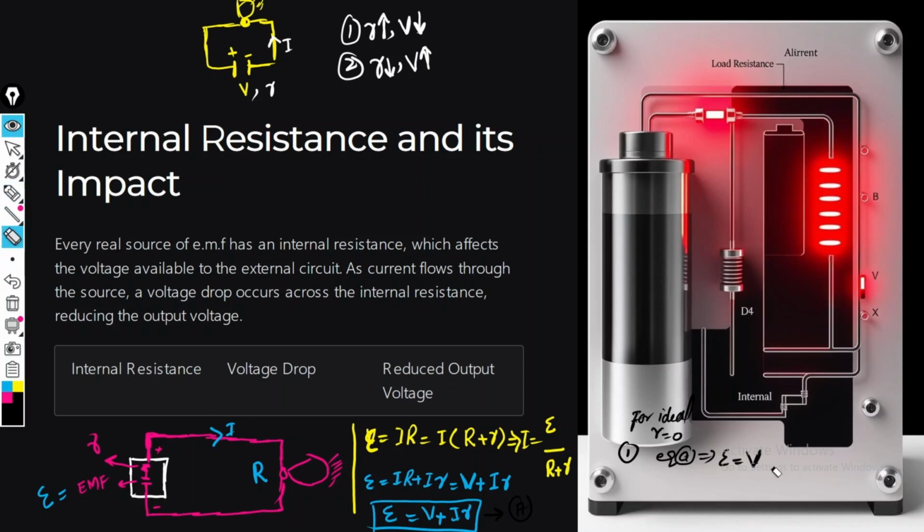So here it shows us that for the ideal battery, the electromotive force will be equal to the voltage, the potential difference across the terminal. So here we have the potential difference.